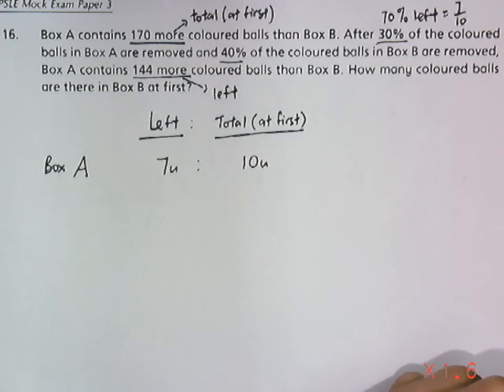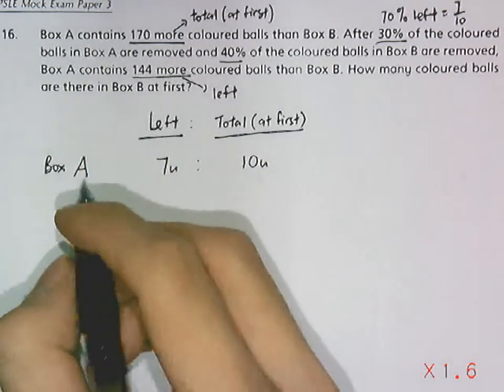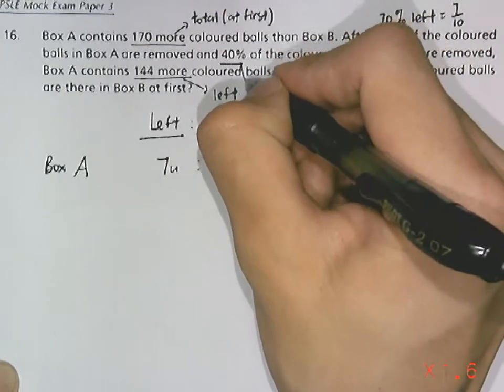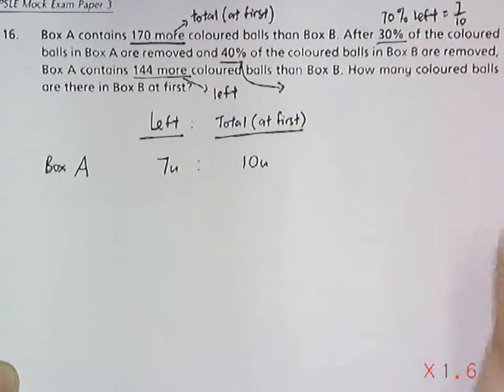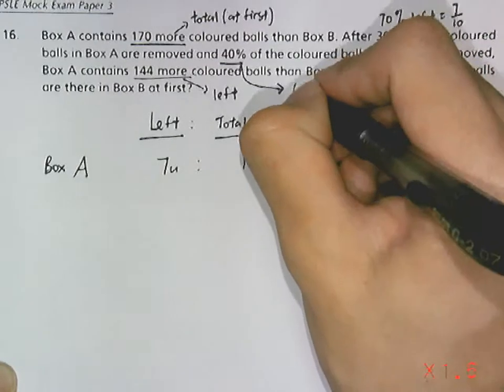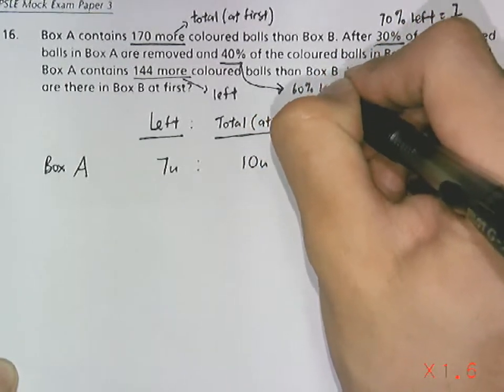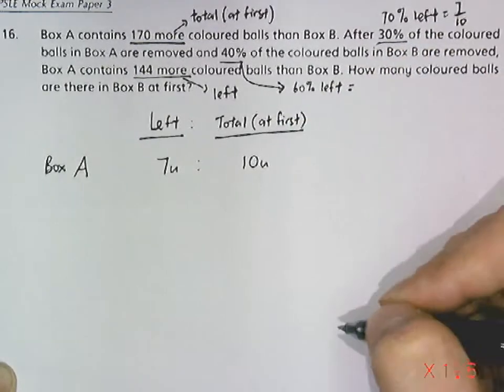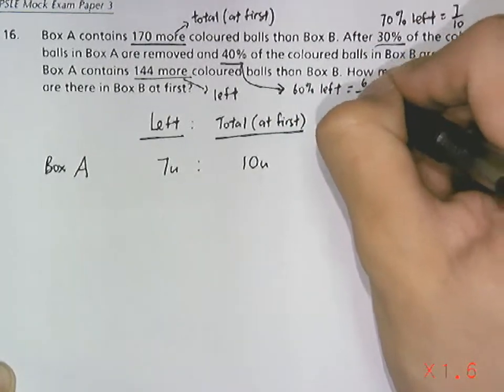Now we're going to find box B. 40% of the color balls in box B were removed, so 60% left. 60% is 6/10, in simplest form 3/5.